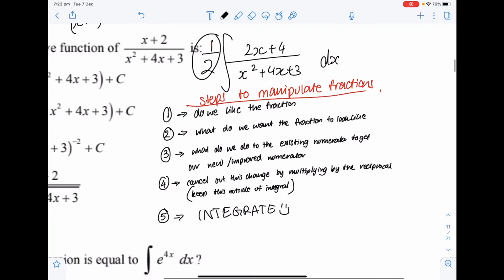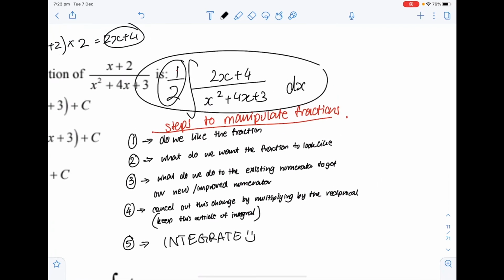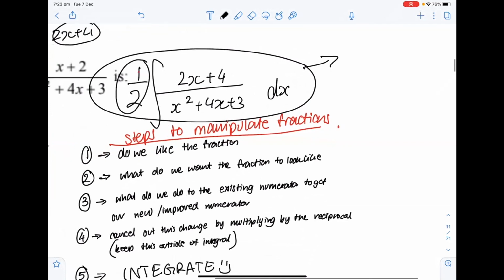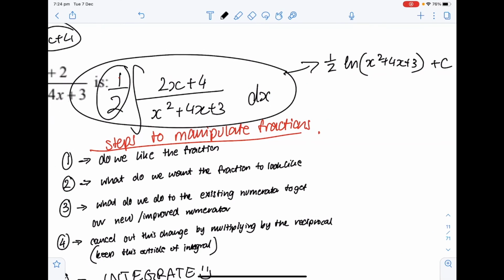Good. And then what is the integral of our newfound equation, Elisa? 1 over 2 ln of x squared plus 4x plus 3 in brackets. Beautiful. Plus c. Very well done. So plus c because it's undefined.